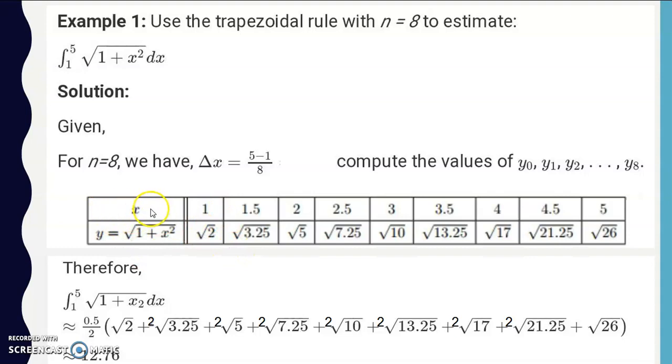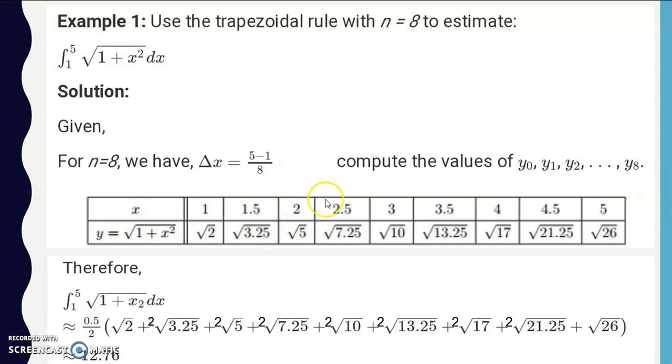Now we have to prepare this x-y table. So first find the x values. For x values, start from the lower limit value. Here the lower limit value is 1. So the first value will be 1. Then 1 plus h, means 1 plus 0.5, so the next value is 1.5. Then 1.5 plus h, so 2.